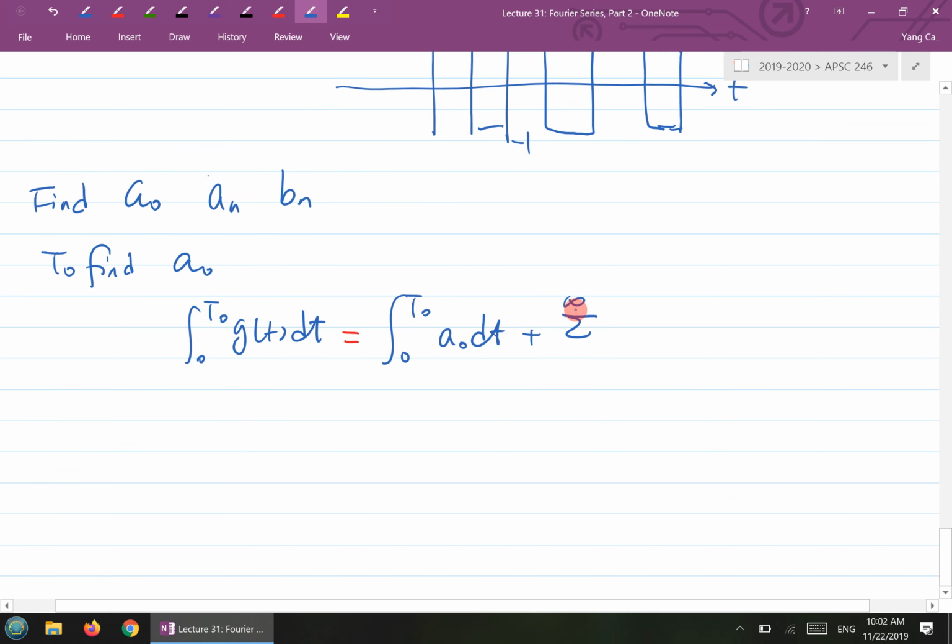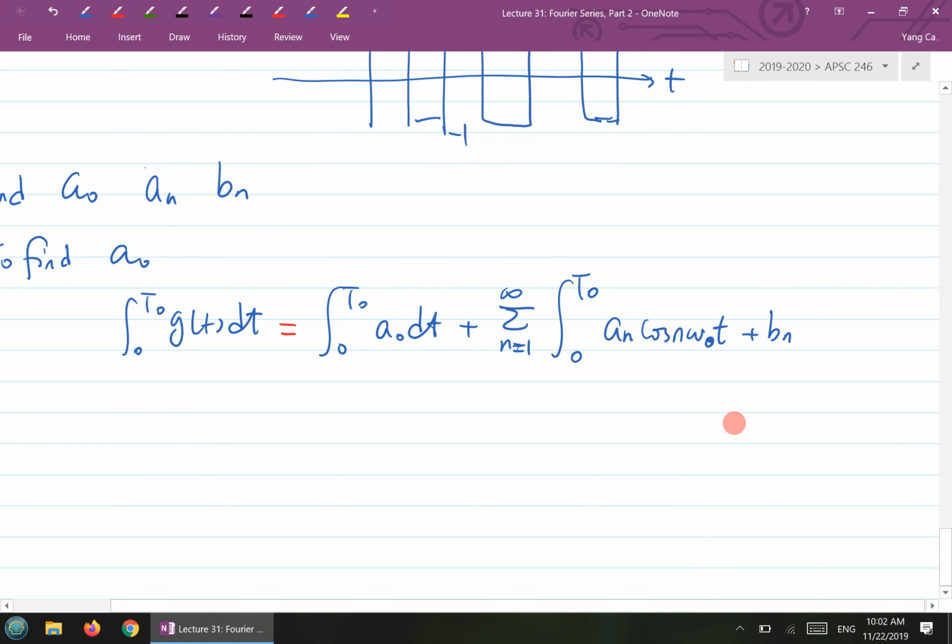You can certainly move the integral into the sum term, giving the integral of a n cosine n omega naught t plus b n sine n omega naught t dt. If you integrate both sides of g of t, this is what you get.